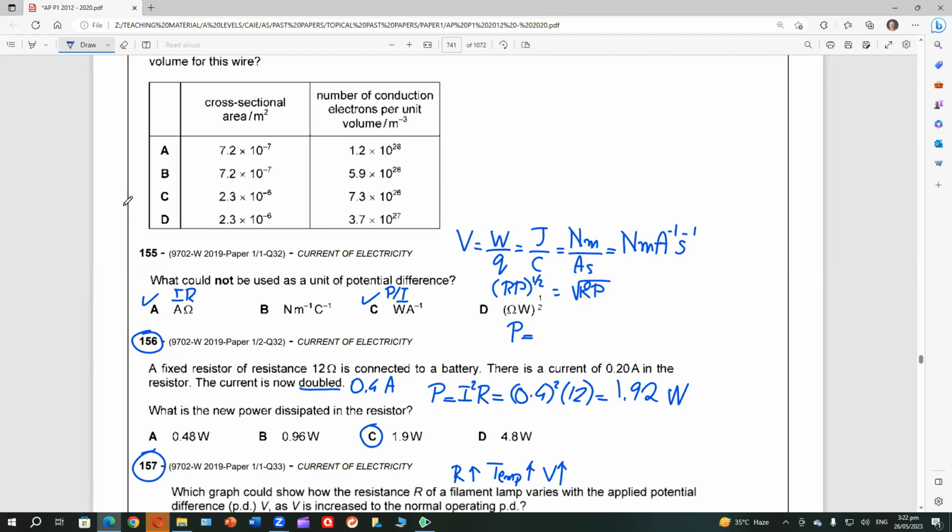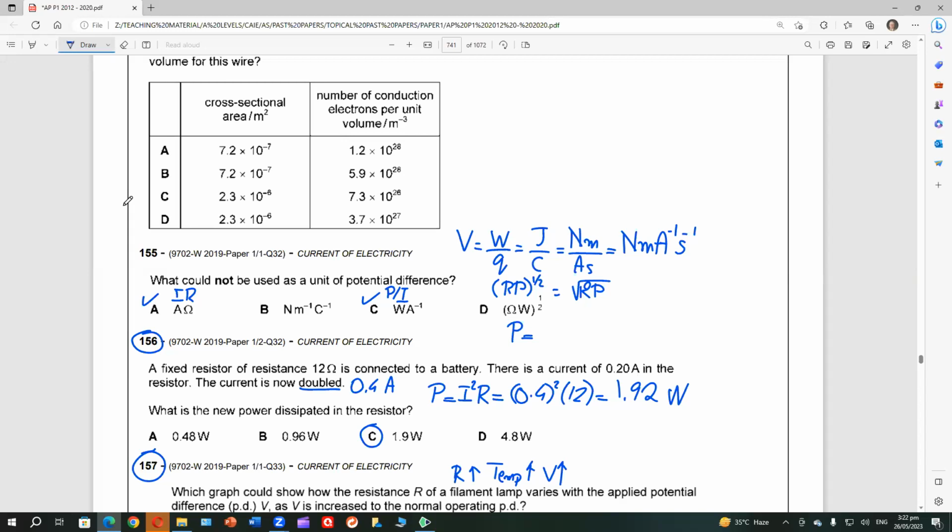What does the Newton meter stand for? The Newton meter only. Newton, I think B is wrong because I have worked it out here. It cannot be Newton per meter. It can be Newton meter. But what about D? It is resistance into power.